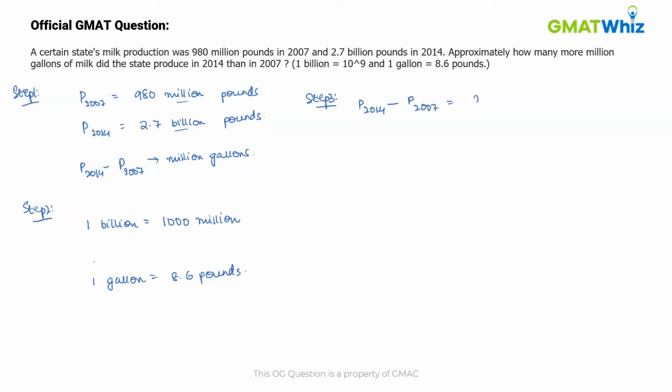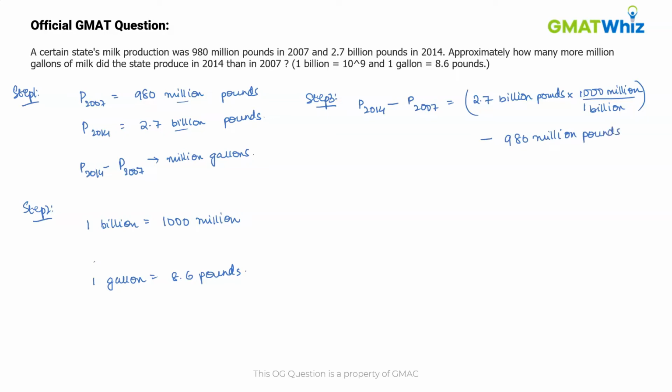So we can write 2.7 billion pounds multiplied by 1000 million divided by 1 billion. Now this amount will be subtracted by 980 million pounds.